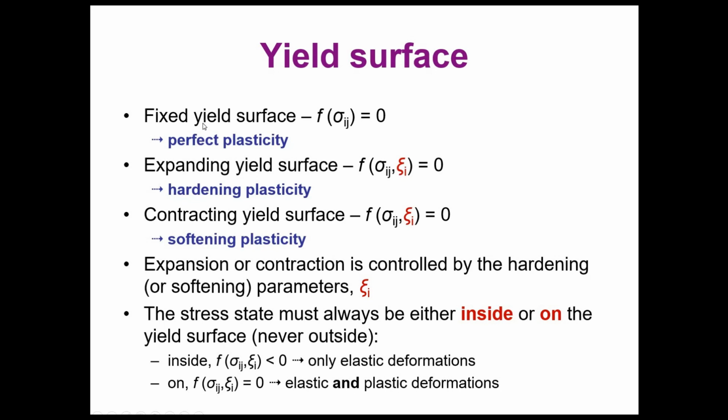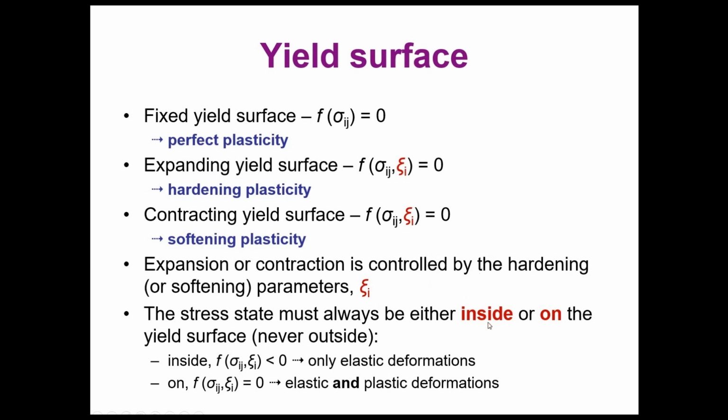But in all the cases, in the perfectly plastic model, the model with hardening or the model with softening, the expression that represents the surface is equal to 0, because this is the condition of being on the surface when you are in the plastic regime. So the expansion and contraction will be controlled by this set of parameters. Could be one, could be two, or could be many, depending on the complexity of the model you are implementing and formulating.